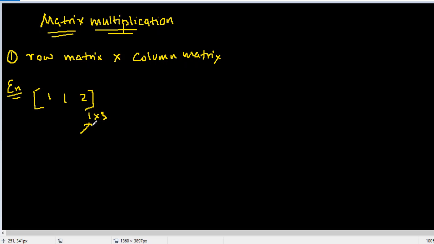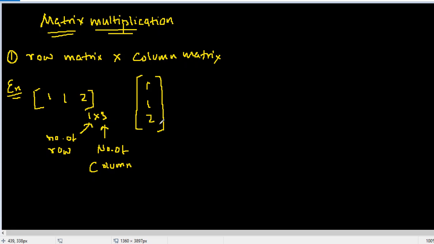This 1 represents the number of rows and this 3 represents the number of columns. Clear? Now take the column matrix, something like 1 1 2.